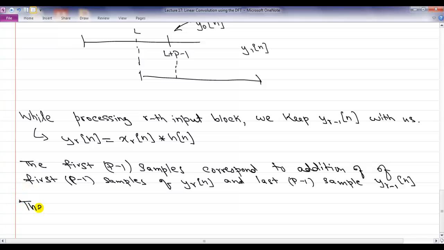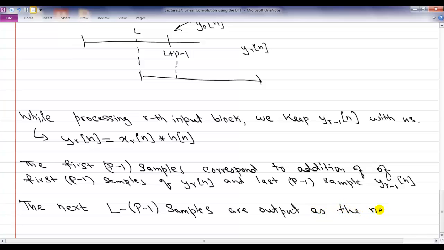So the next L minus P minus 1 samples are output as the next L minus P minus 1 samples of y_r[n].